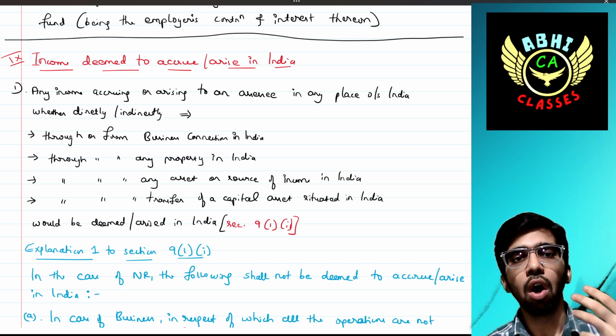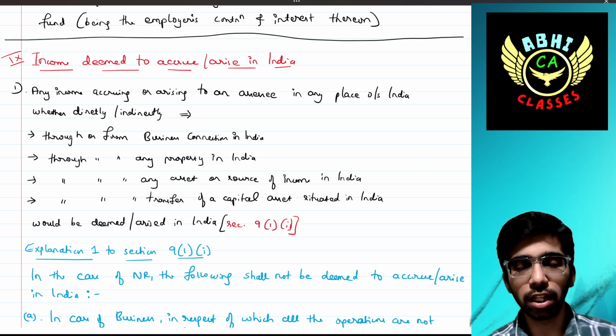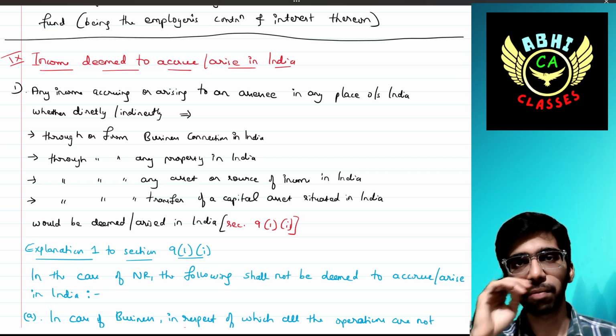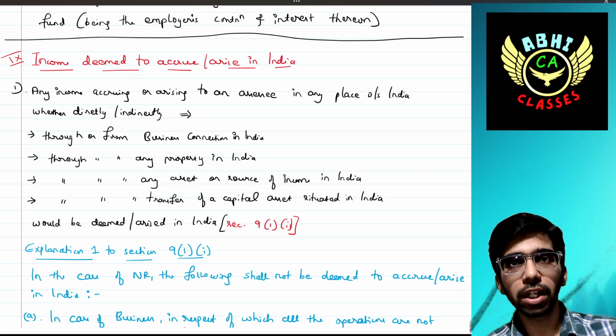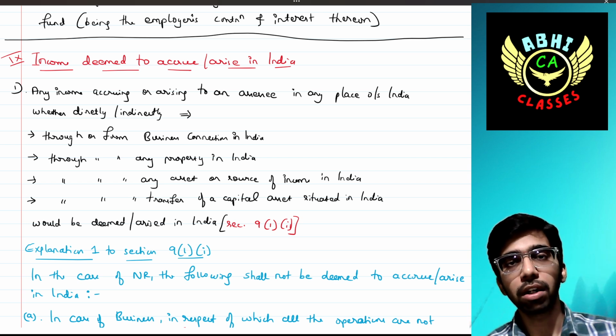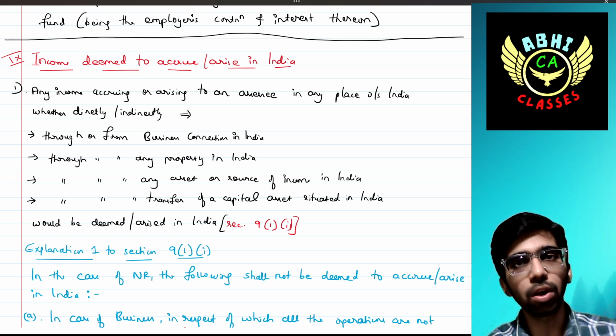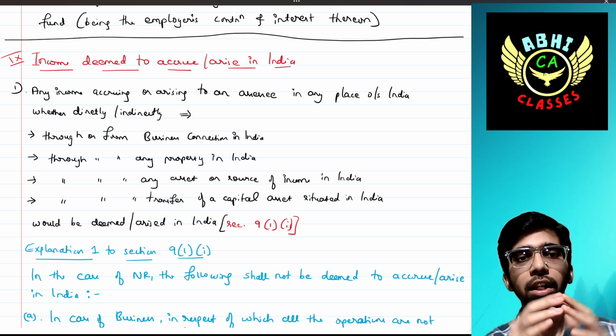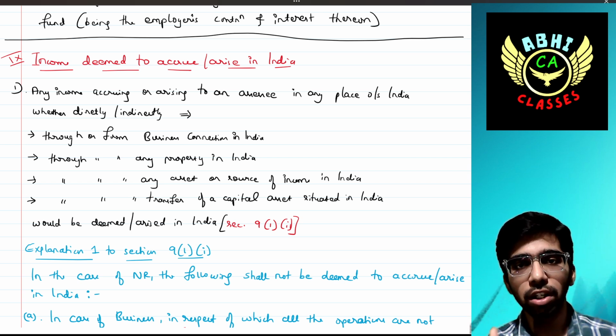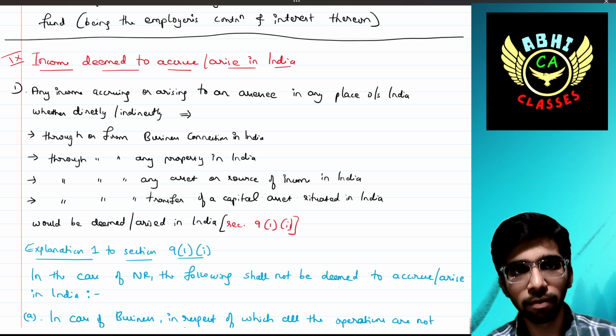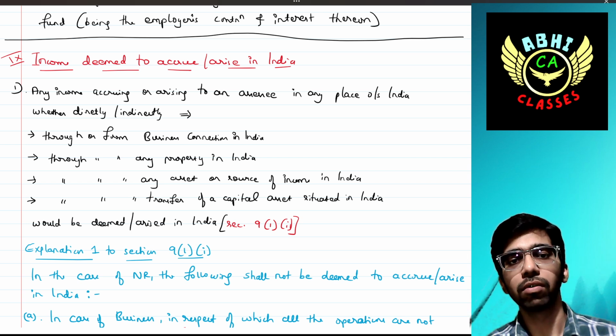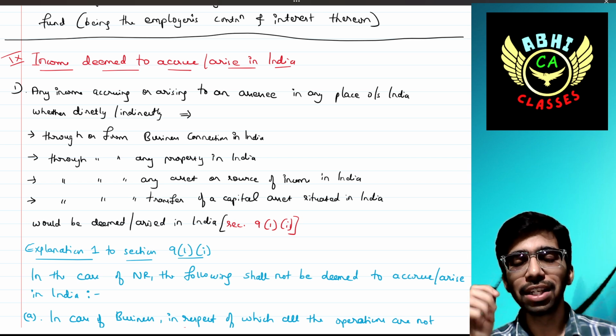Or through or from any property in India, which we have already discussed in the first part of this chapter. The property is situated in India, but the income is received outside India, yet it is accrued in India, it is generated in India. Or through or from any asset or source of income in India, or through or from a transfer of a capital asset situated in India.